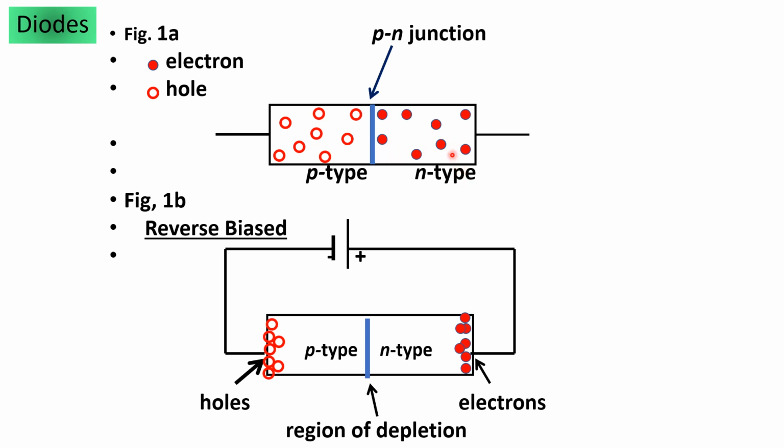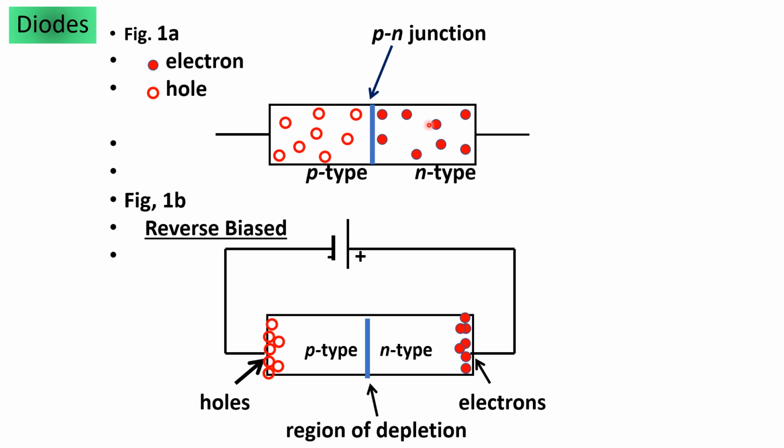Likewise, the electrons in the n-type are also distributed equally in all parts of the n-type material. There is a portion between the two semiconductor materials, which we call the p-n junction. It's a region that separates the p-type and the n-type.